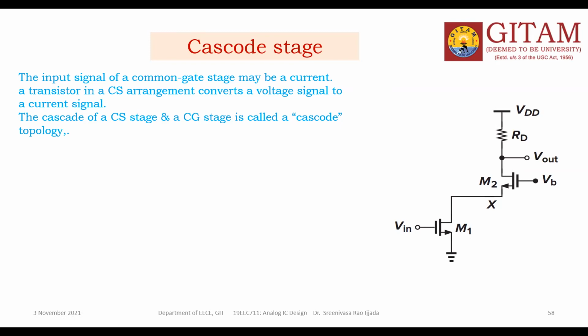So if you take the whole circuit, is the input applied voltage or current? As a whole circuit, the input is voltage, Vin. And finally, you get the output at RD. Input is voltage and output is also voltage.